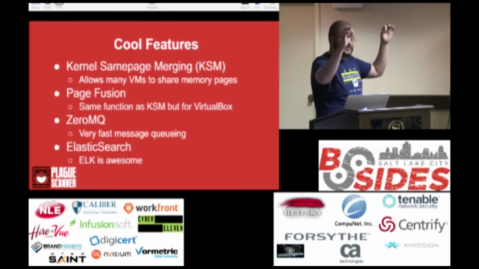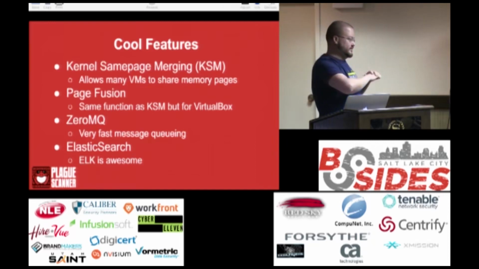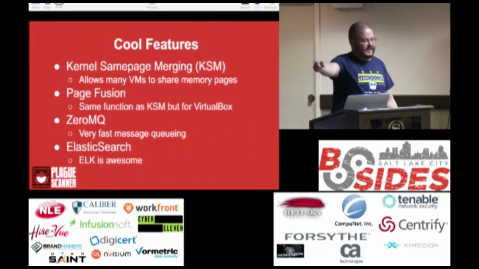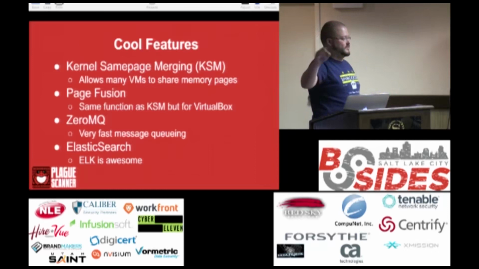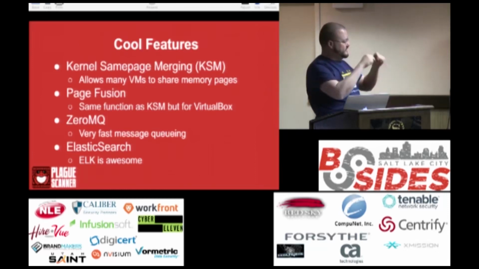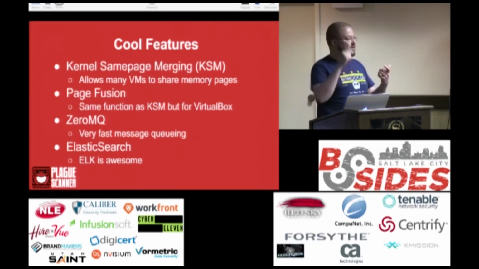So there's no way for you to know, if you have a malware library, without looking through your samples and already having seen that one, to connect the two. But you could have had your entire malware library run through PlagueScanner, had all the results in Elasticsearch, and then done a free text search for the name of a piece of malware, and then found all of the others.